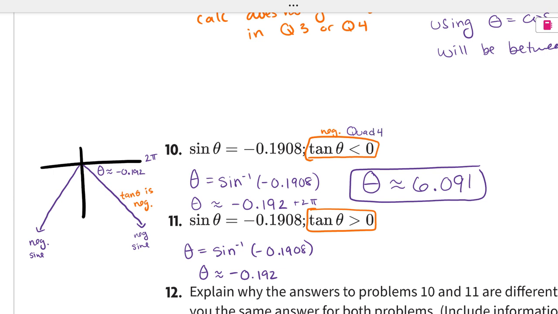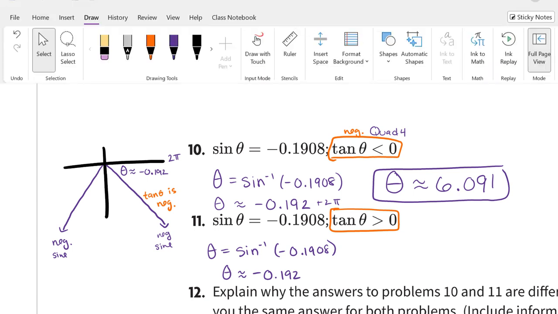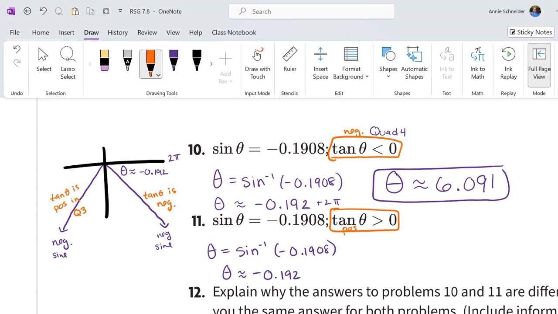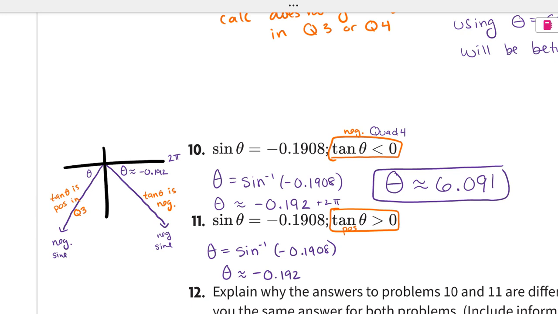Now, where tan is positive, that's question 11. So here we want a positive tangent. Tan of theta is positive in quadrant 3 because it's a negative y over negative x. So those two negatives reduce out and become a positive. So this angle right here, our calculator told us is negative 0.192.